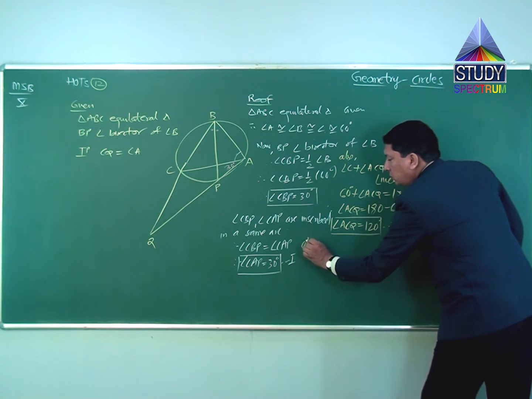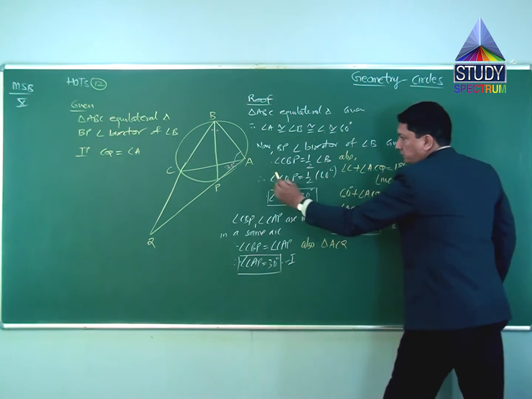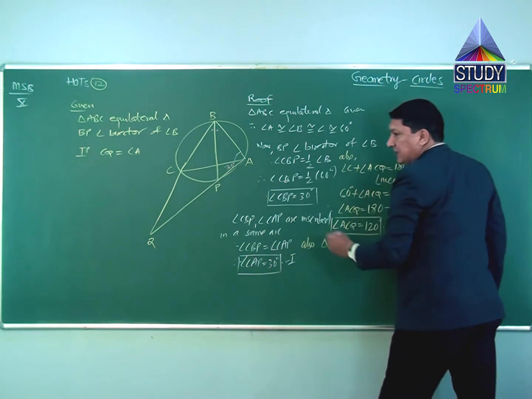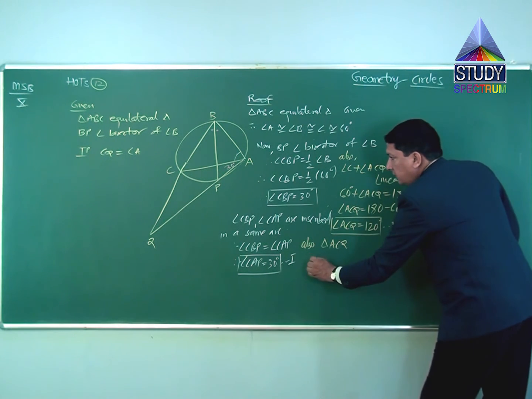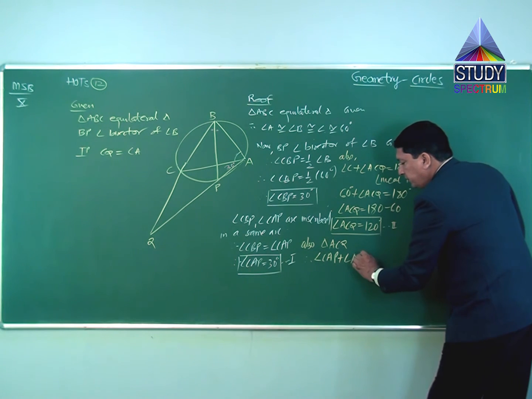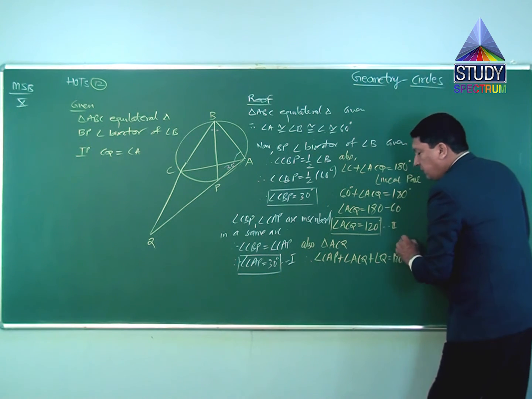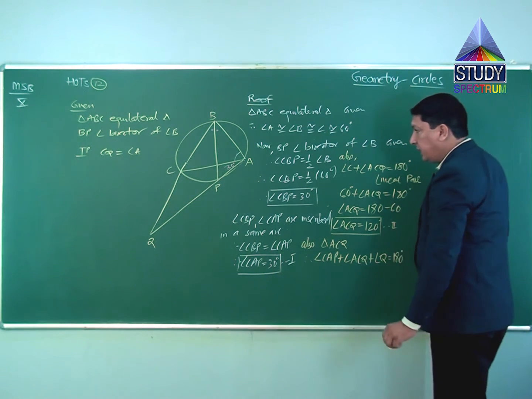Also, in triangle ACQ, sum of three angles has to be 180 degree. We can write in triangle ACQ, angle CAP plus angle ACQ plus angle Q is equal to 180 degree. As I said, sum of three angles of a triangle is 180 degree.